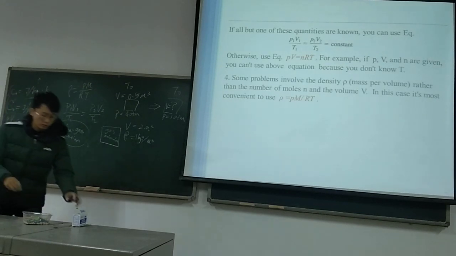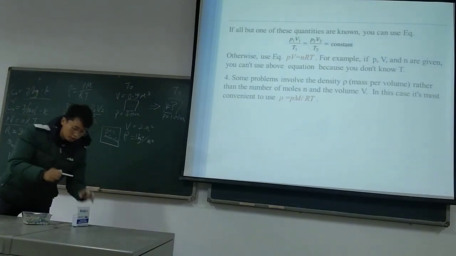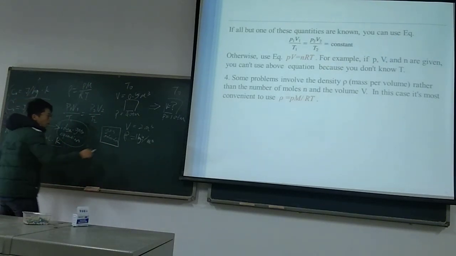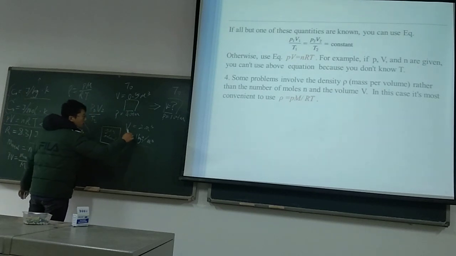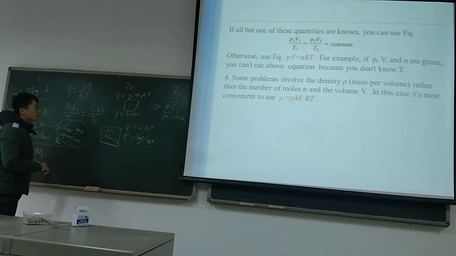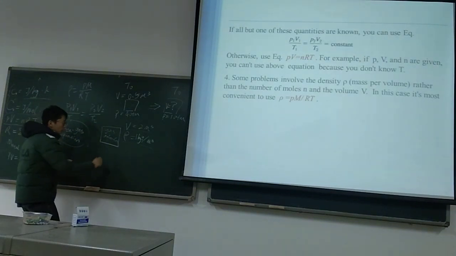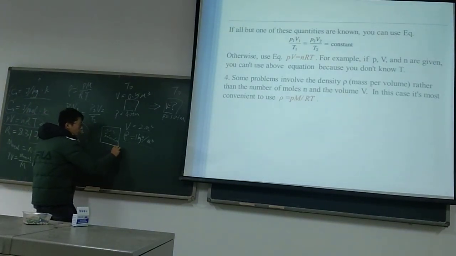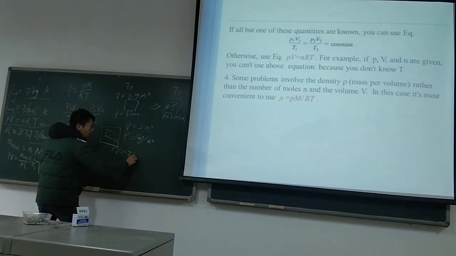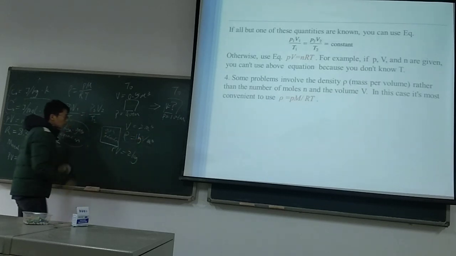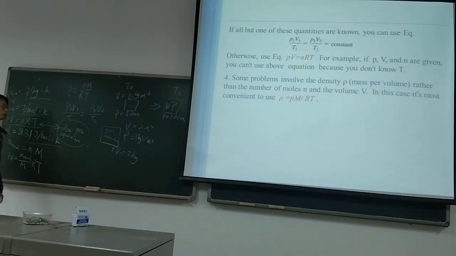It is not necessary to remember all the equations. If rho is known and V is known, we can calculate the mass of all gas molecules in it, by the product of rho and V, and the final result is 2 kilograms. 2 kilograms of gas molecules inside the container.